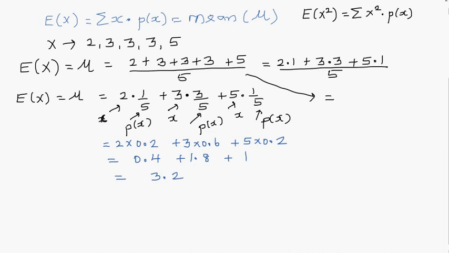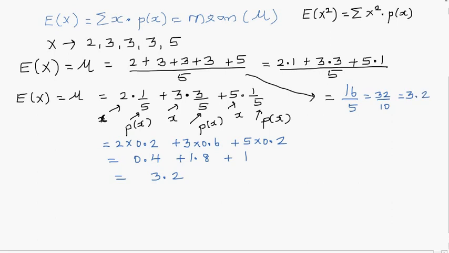I've corrected myself. 2 times 1/5, 1/5 is not 0.4, it is 0.2, and 3 times 0.6, and 5 times 0.2. So this adds to 3.2. Now if you added them up directly, 2 plus 3 is 5, 8, 11, 16. 16 on 5 is 32 on 10, which is 3.2.